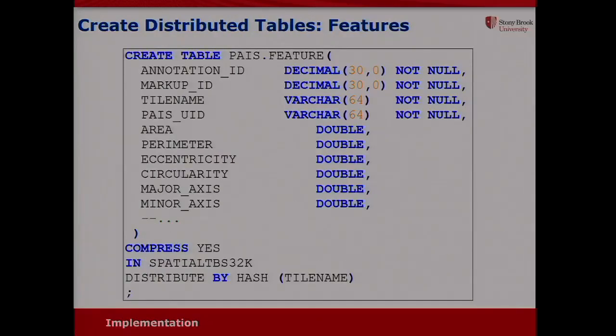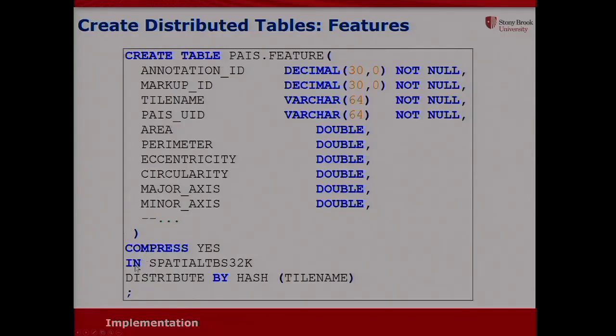Okay, there are different kinds of tables to be created. The first one is a table that uses all the partitions. We create a table, the most part is normal, and at the end we select a table space. We create this table in this table space, which is defined on top of all the partitions.